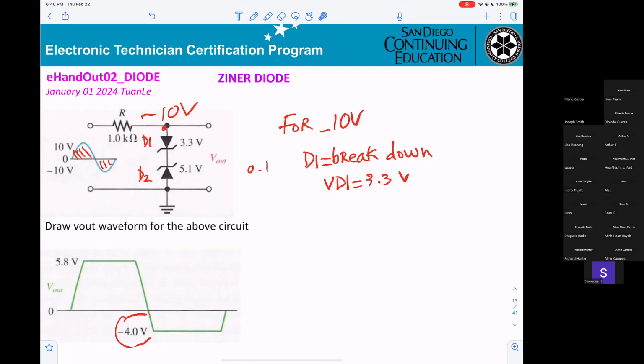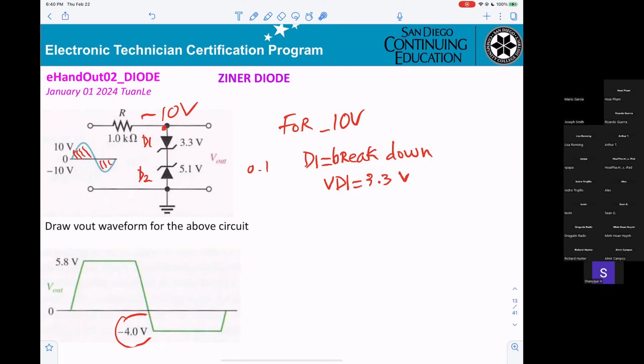Then you're supposed to get minus 4.04. But we can't calculate it, right? Or can we? Now, we have to try to run the simulation to see what the real voltage is here, for negative.